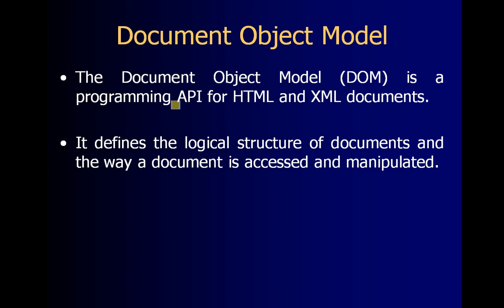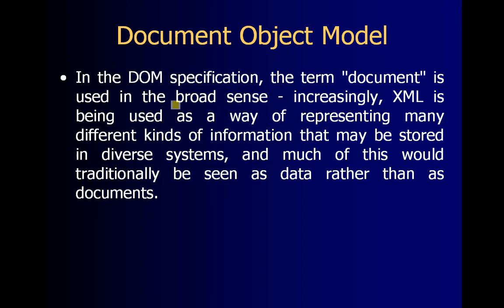It defines a logical structure of documents, and it also defines the way a document is accessed and manipulated. So, W3C, World Wide Web Consortium, has defined the DOM specification. Document is the HTML document or XML document, whatever you use.